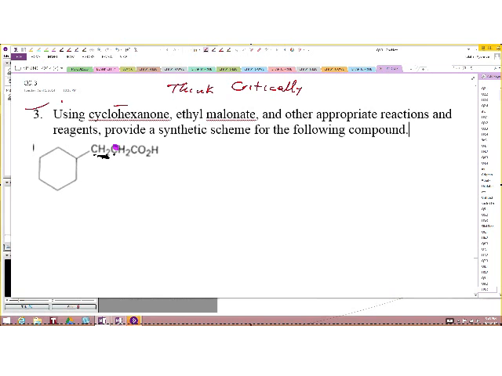Okay, so once you know that, keep in mind this is what we want to do here. We want to go from here, starting from cyclohexanone, to this here.